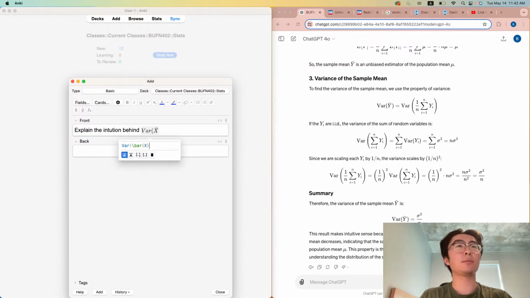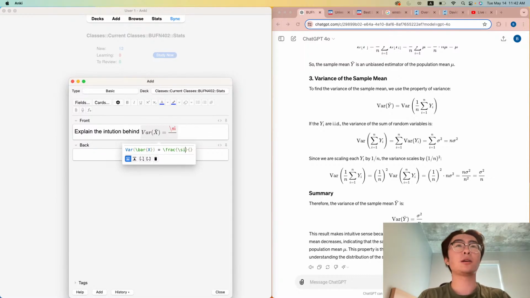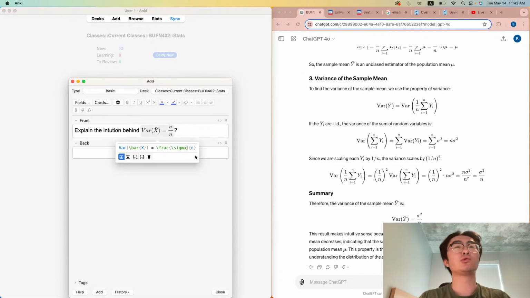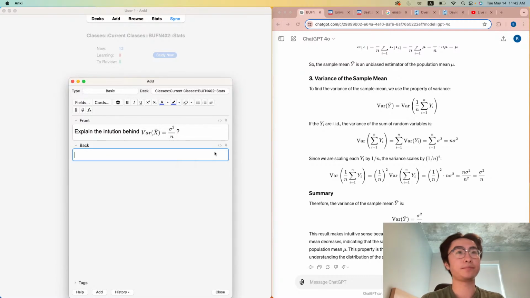So sample mean x bar is equal to, so what was it again? So sigma divided by n. I think it's sigma squared, right?